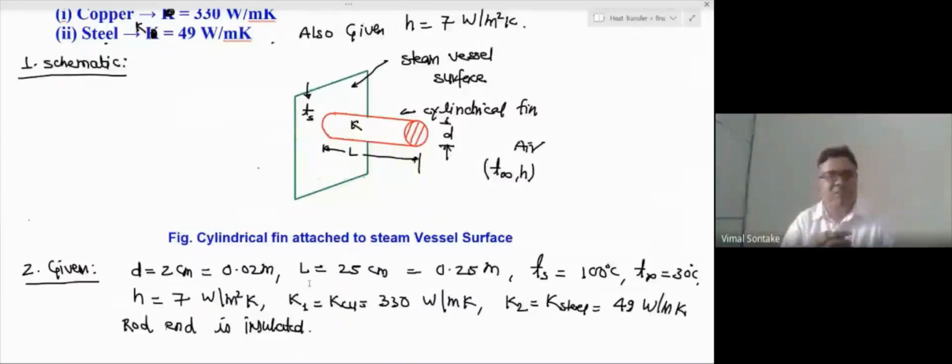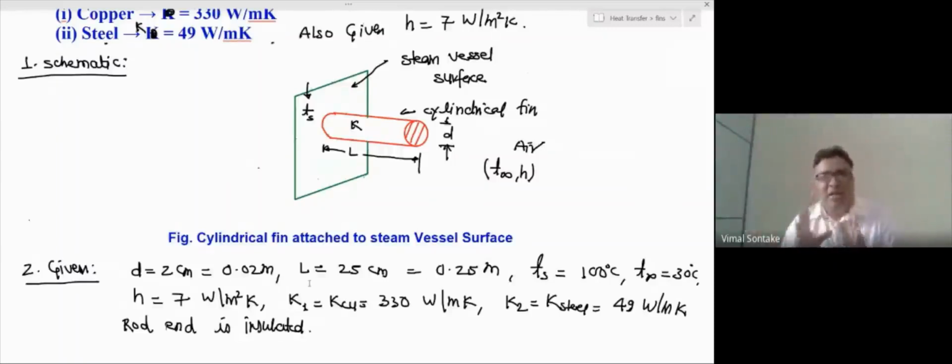This is the question. So generally this case is mentioned in the problem itself, that you have to solve the problem considering either infinitely long fin or insulated tip fin, or fin losing heat at the tip, or fin is connected to 2 different sources. It is clearly mentioned.